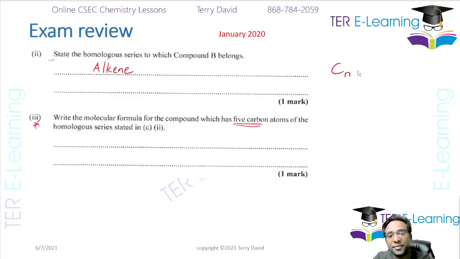The general formula for an alkene is CnH2n. So, if we want one that has 5, it's going to be H2 multiplied by 5. So, therefore, the formula for this compound will be C5H10. That's my formula. So, the organic compound that has 5 carbon atoms will have a formula C5H10. Right?